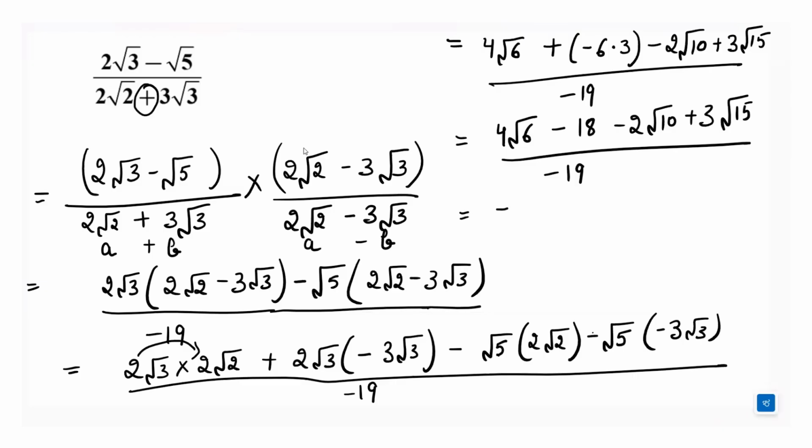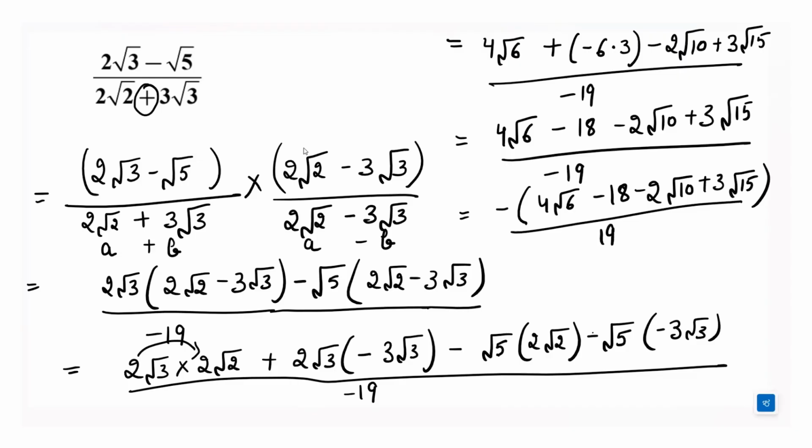So we can write it like this: negative 4 root 6 minus 18 minus 2 root 10 plus 3 root 15 over 19. So we have to multiply this negative sign now. The first term I will write here is 18, which would be a positive value, minus 4 root 6 plus 2 root 10 minus 3 root 15 over 19. That means the sign of all the values in the numerator place will change.